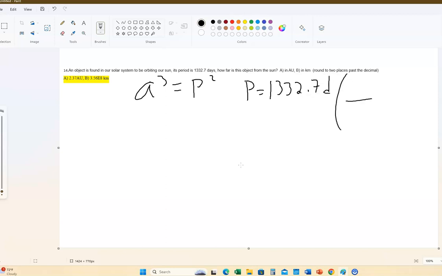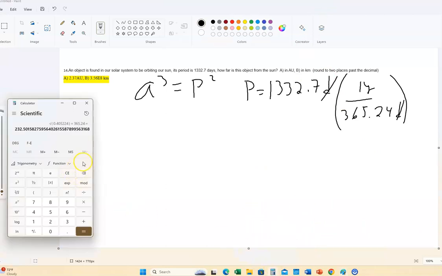We know that there are 365.24 days in one year, because the days have to cancel. So let me get my calculator and we're going to do this one. Okay, there it is. Let's get rid of the last problem. So, 1,332 point.